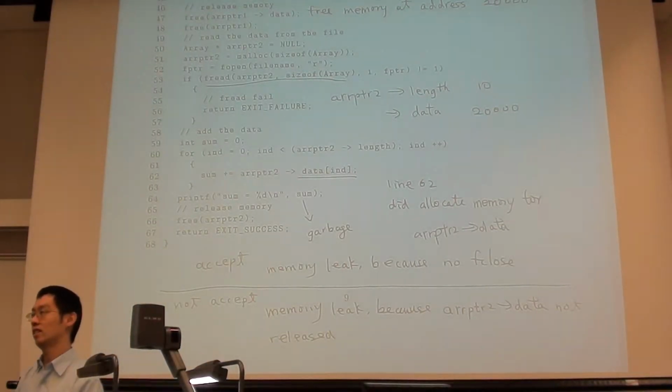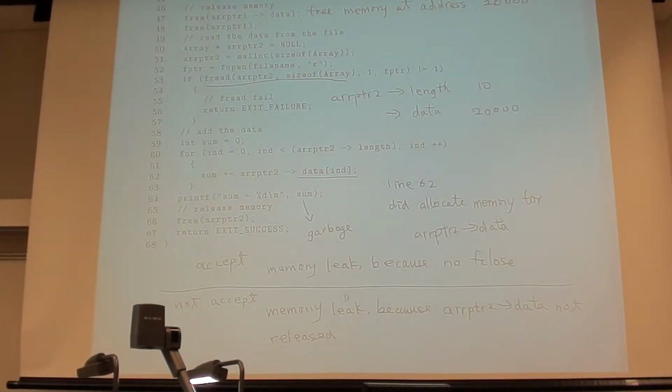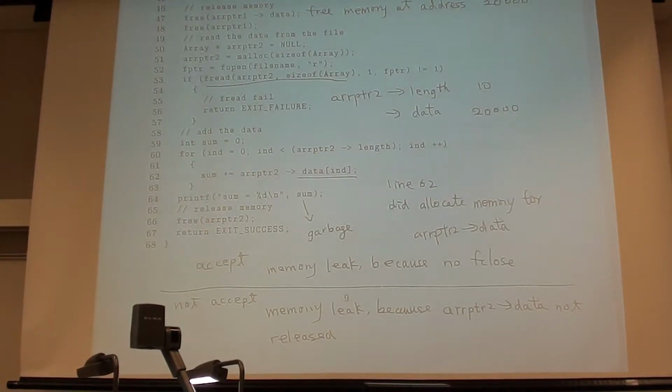Can anybody tell me why? Some people wrote that this program will have a memory leak because we did not free arr_ptr2 data. And I said that's not accepted. Why?